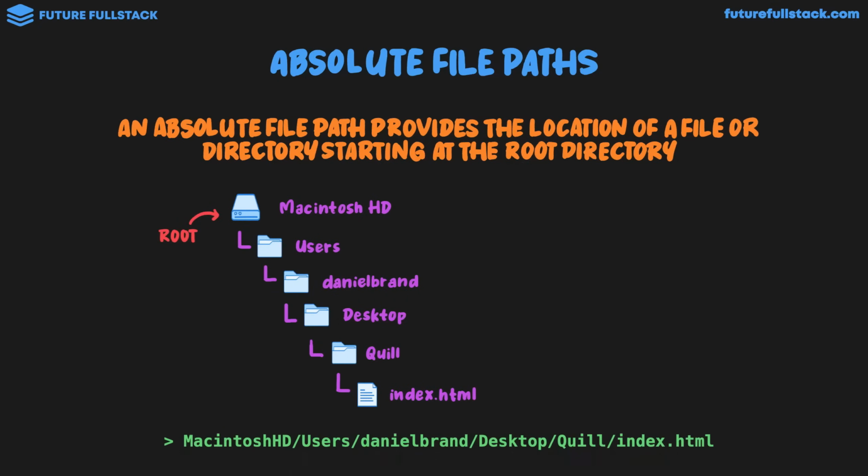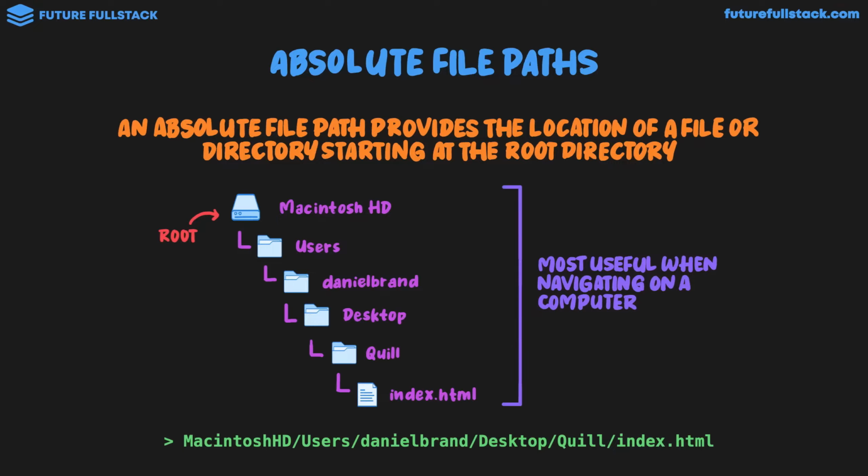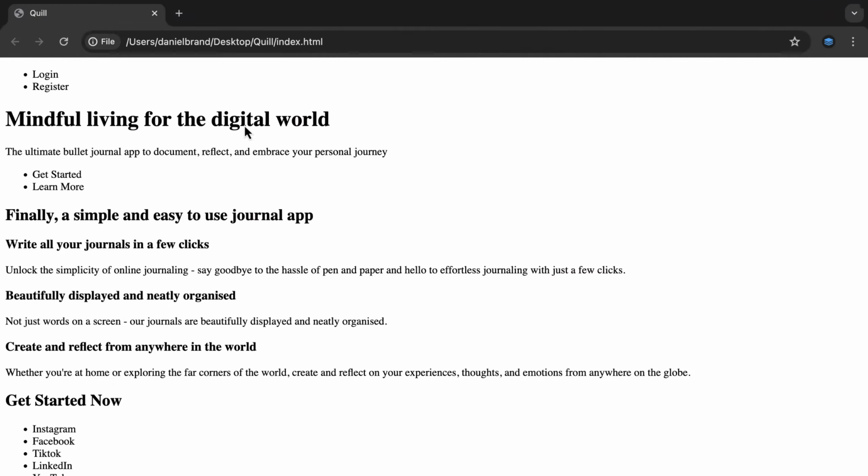Absolute file paths always start from the root directory, so you can imagine for very nested directory structures, this can get very long. Now, absolute file paths are most useful when navigating on a computer. You can actually see the file path for our Quill HTML document inside the address bar up here.